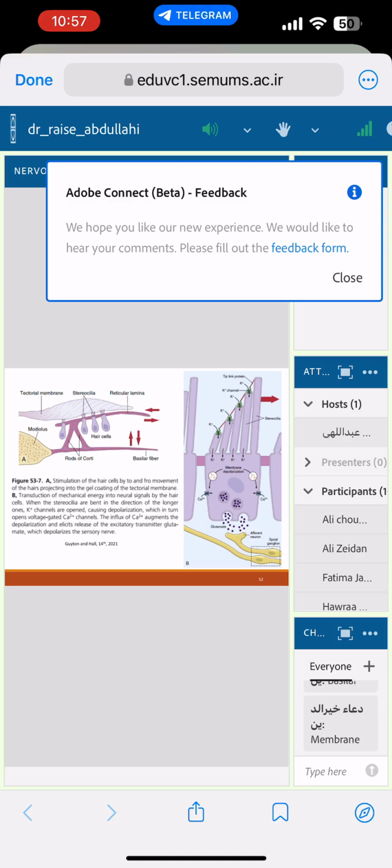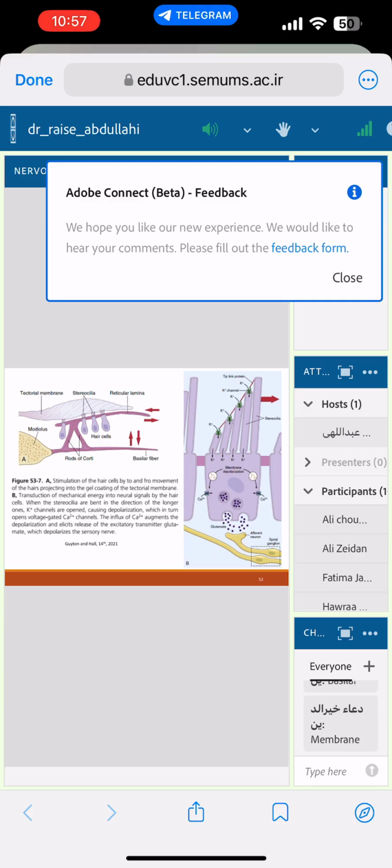So this glutamate is released and affects the afferent neuron, the auditory nerve, and excites the auditory nerve and creates action potentials which are transmitted to the central nervous system, to the auditory cortex, which is located in the temporal cortex of the brain.